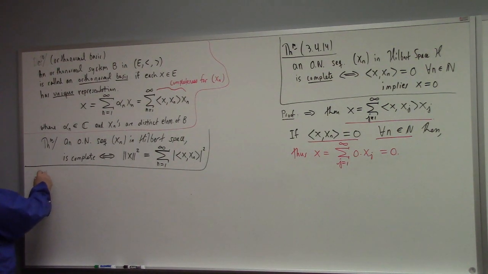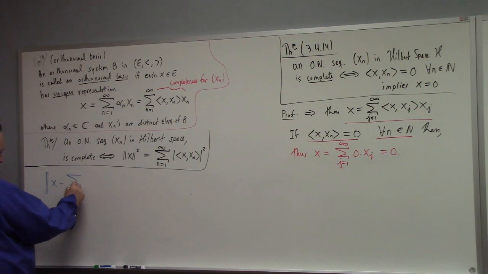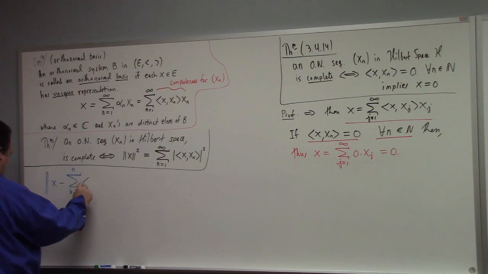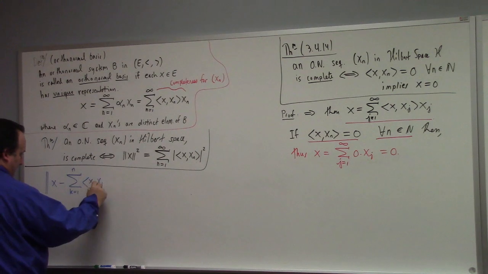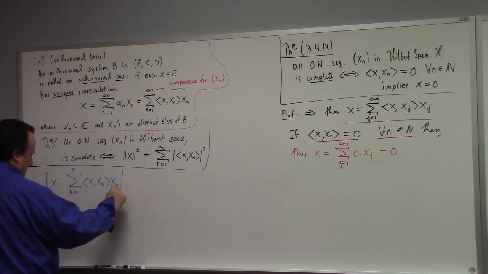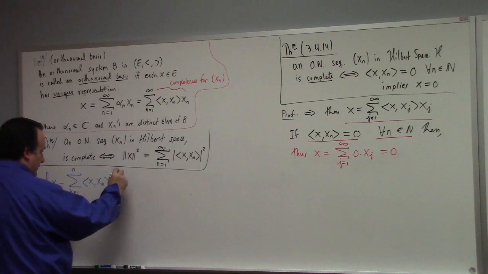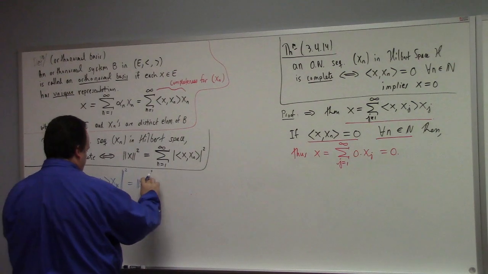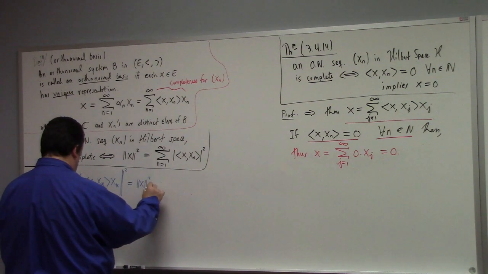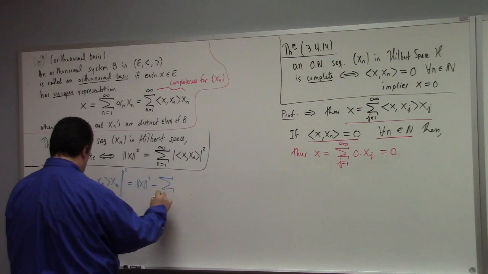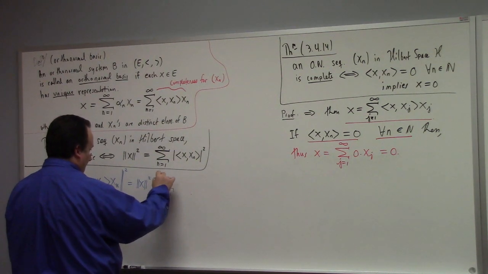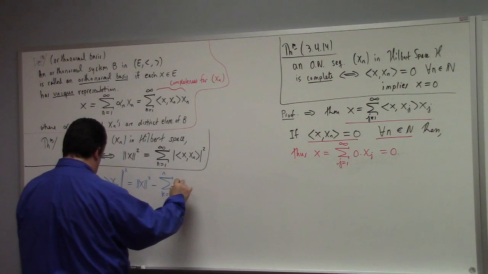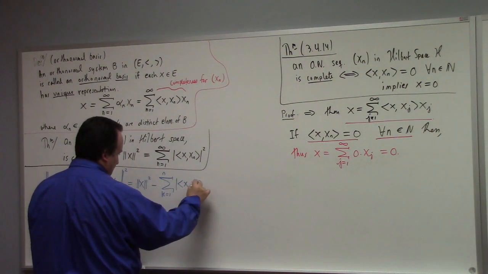Namely this: the norm of x minus the summation k equals 1 to n of the inner product of x with xk in the xk direction, that norm squared, is equal to the norm of x squared minus the sum k equals 1 to n of the absolute value of the inner product of x with xk, squared.